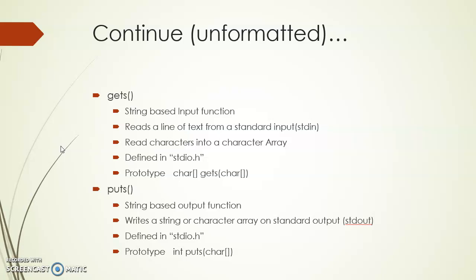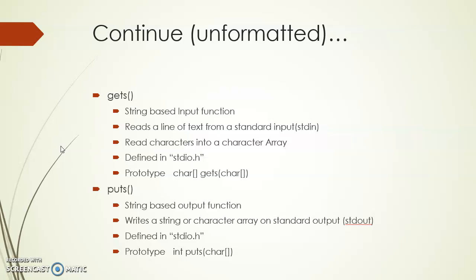Now we see the puts function. The puts function is very similar to the printf function. It is the output function or counterpart of gets. This function is used to print the string on standard output or the terminal. The puts function returns an integer value which represents the number of characters which are displayed, including a newline character.